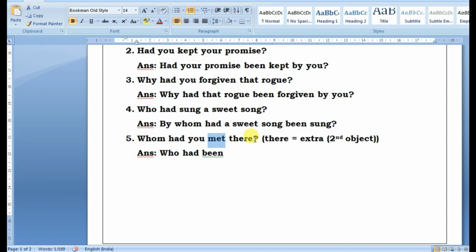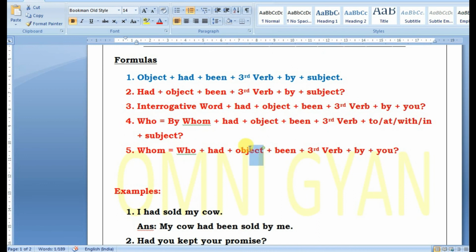Okay, this is not a direct object. How do you know which one is a direct object, which one is indirect object? How will you determine? Direct object is always either a noun or a pronoun. Now the word there is neither noun nor pronoun. This is extra. So there cannot be used as a direct object.